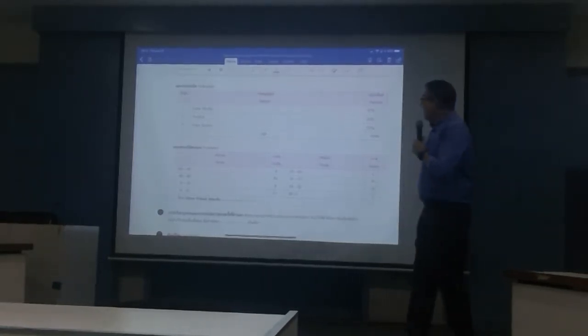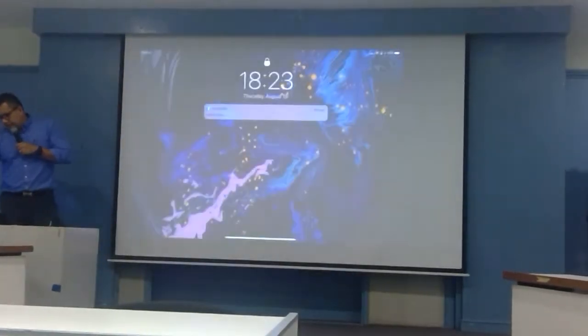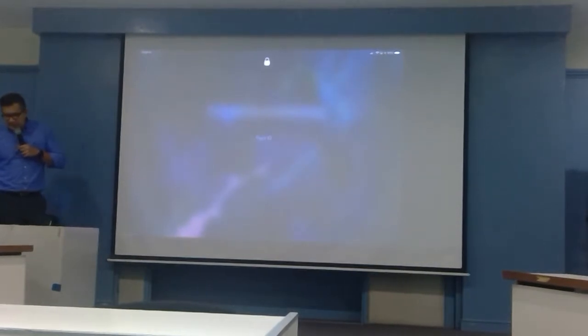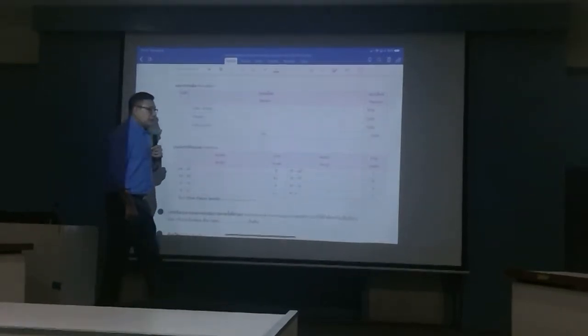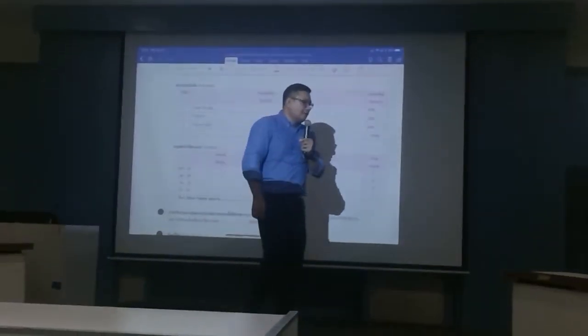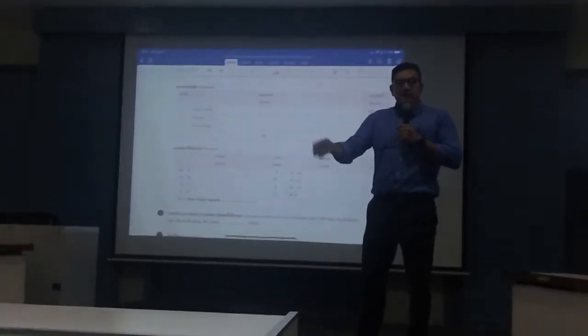And the criteria for the project: first is the problem statement. You need to show what kind of problem you have, and use the tool or the topic that we study in our class to handle or solve that problem. The second one is whether you choose the right methodologies, and whether you do it correctly.